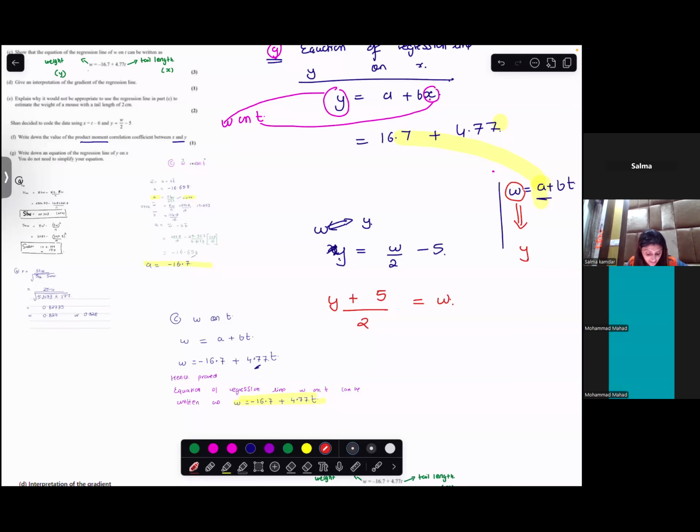So it's going to become Y plus 5 divided by 2. Are you with me?